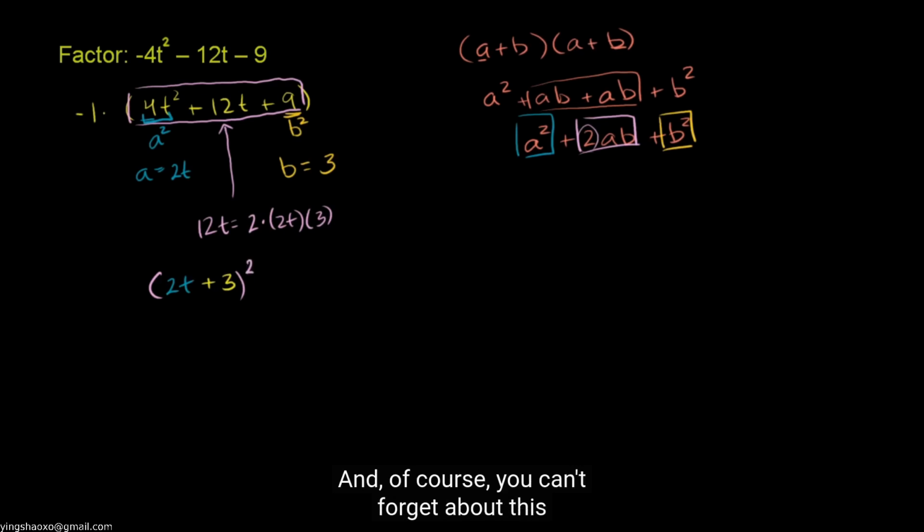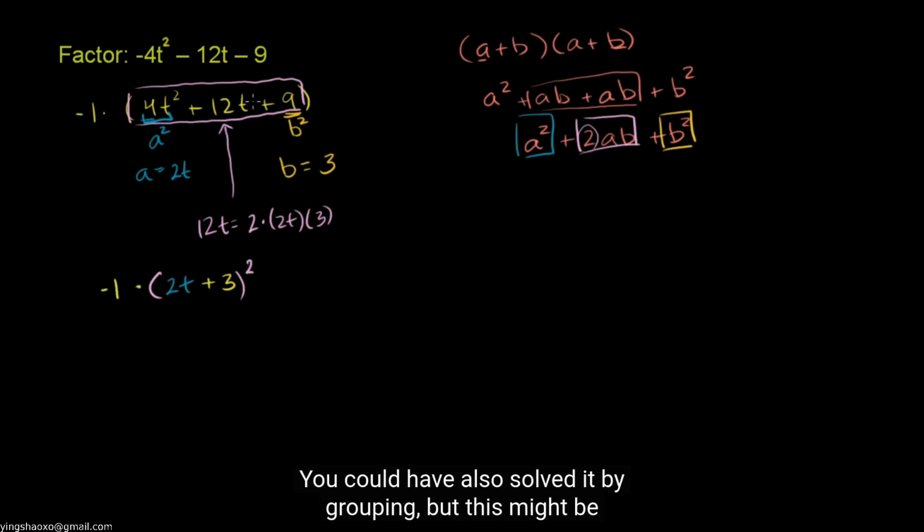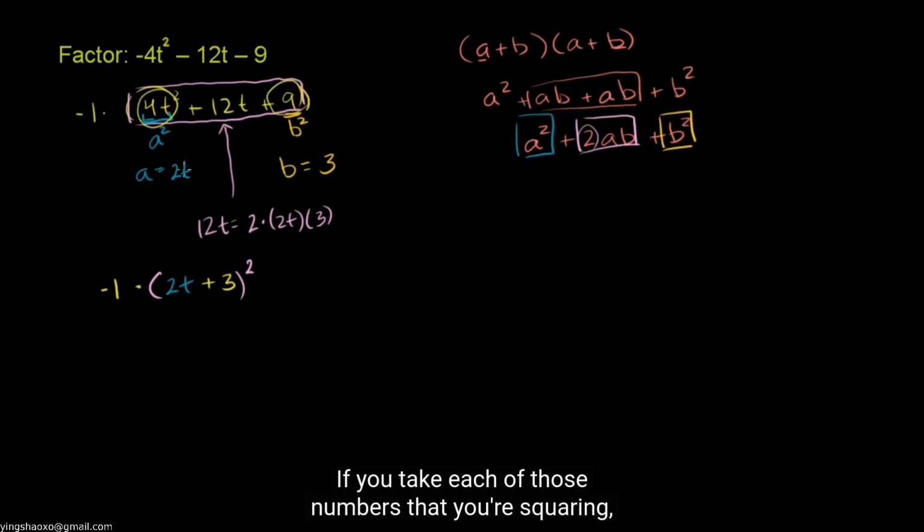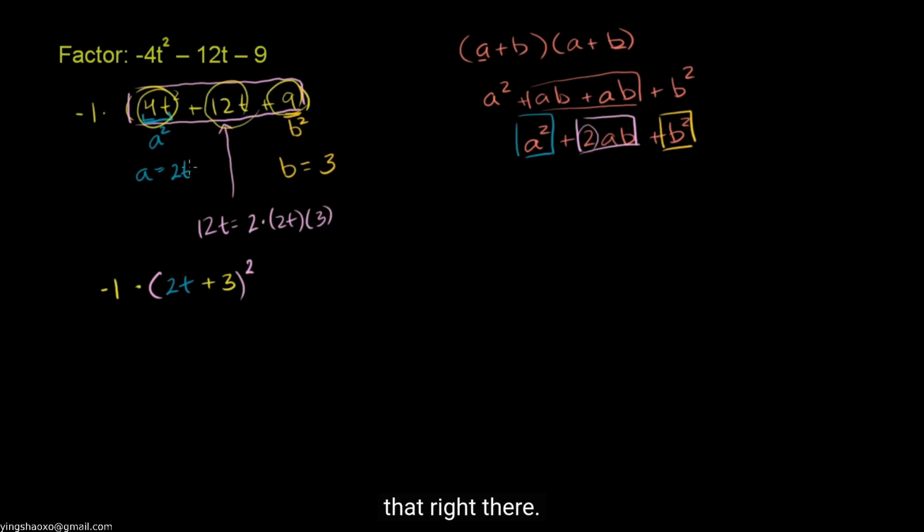It fits this pattern. And of course, you can't forget about this negative 1 out here. You could have also solved it by grouping, but this might be a quicker thing to recognize. This is a number squared. That's another number squared. If you take each of those numbers that you're squaring, take their product and multiply by 2, you have that right there. So this is a perfect square.